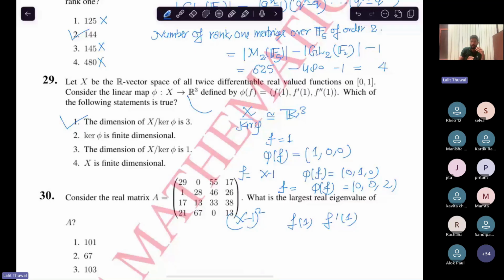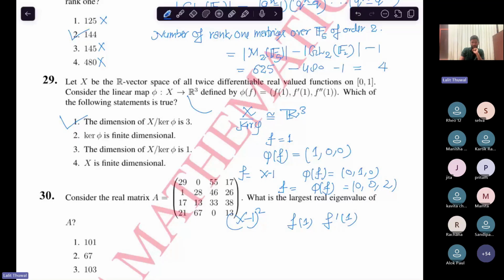For option 2, kernel phi is finite dimensional. Kernel phi cannot be finite dimensional actually. Okay, so let me tell you some way. Can you tell me some quick way to decide whether or not kernel phi is finite dimensional? Because I have already told that here.